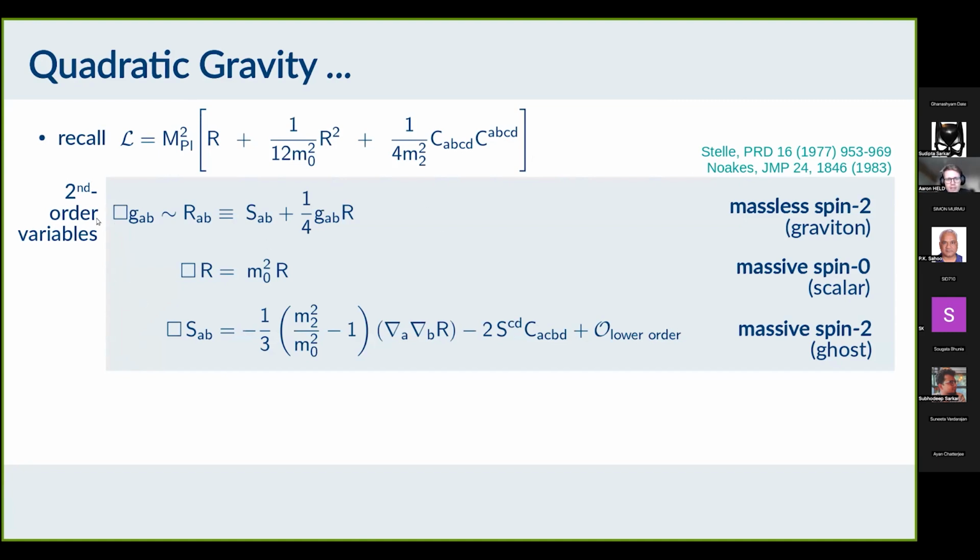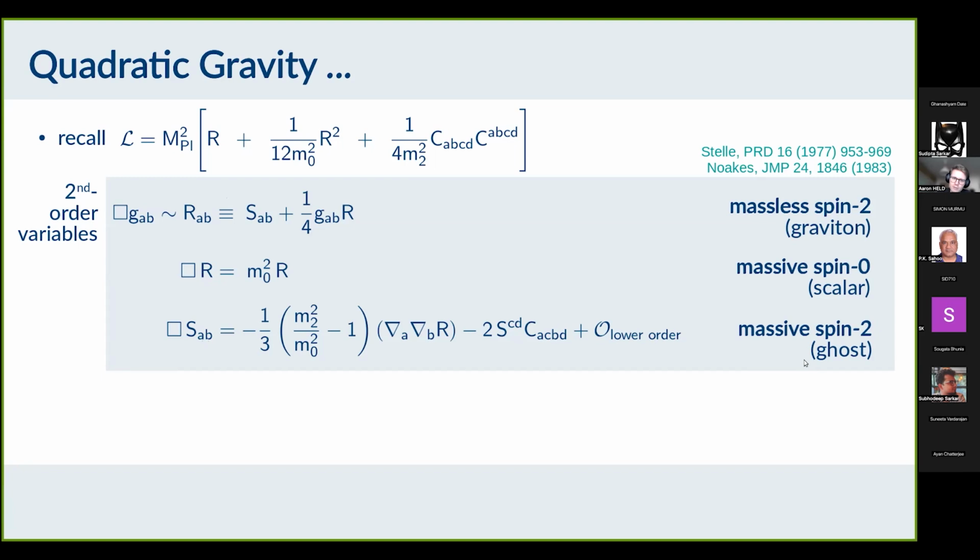It has the massless spin 2 graviton. It has a massive scalar, which is basically the Ricci scalar, and it has a massive spin 2 particle, which is basically the traceless Ricci tensor. And you can count the numbers of free data that is obtained in these variables, and it matches these degrees of freedom. And this particle is actually a ghost.